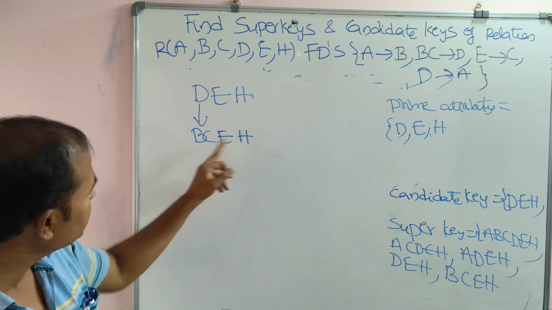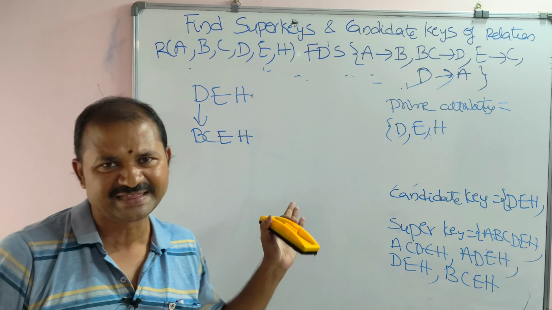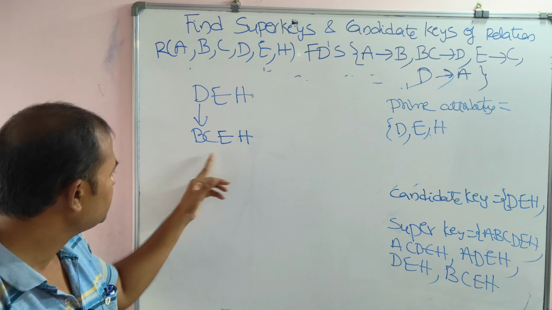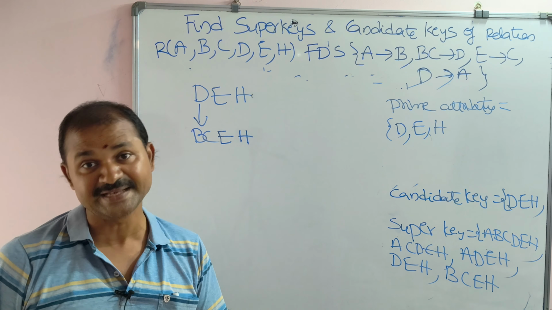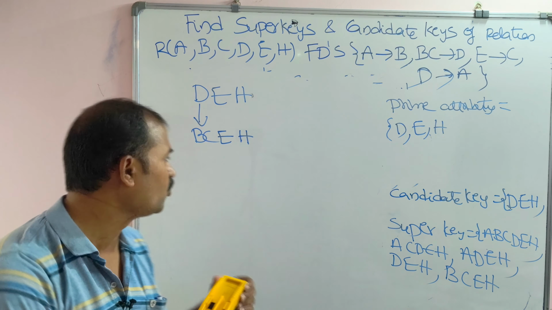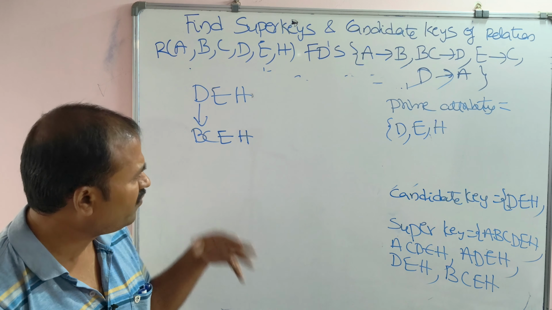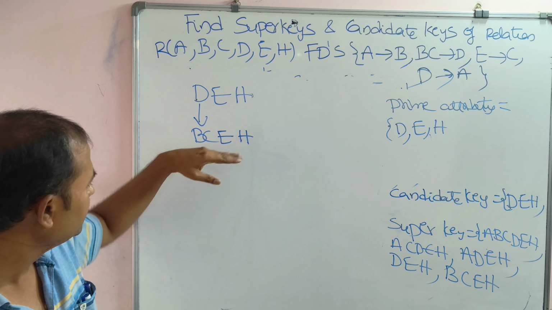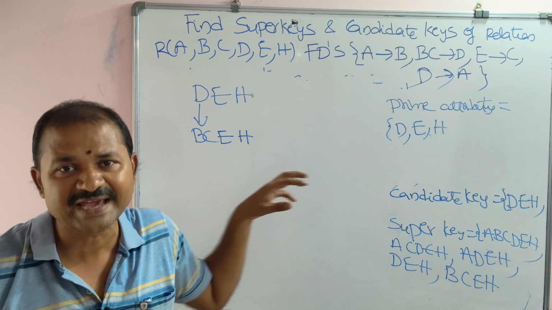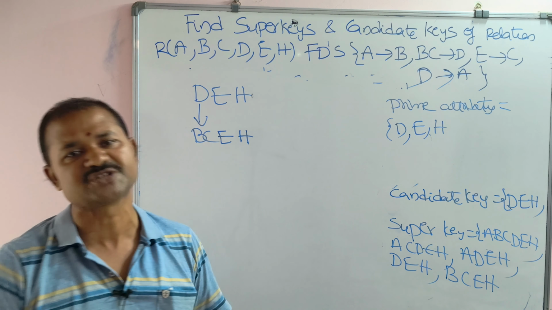BCE, CEH, BEH. So with 3 attributes, we have so many subsets. With 2 attributes, we have so many subsets. With 1 attribute also, we have 4 more subsets. So now first try to check whether from BCEH we can remove any attributes or not.